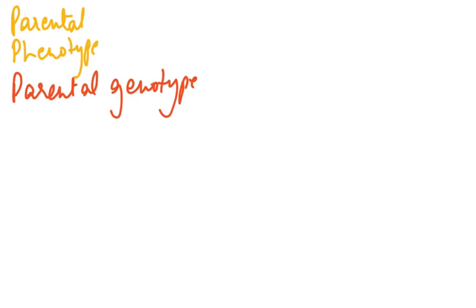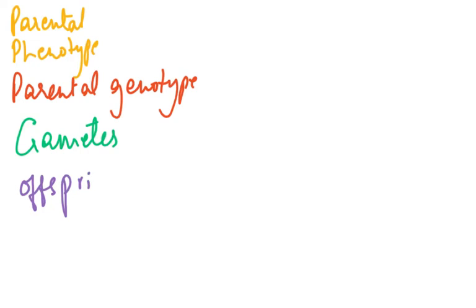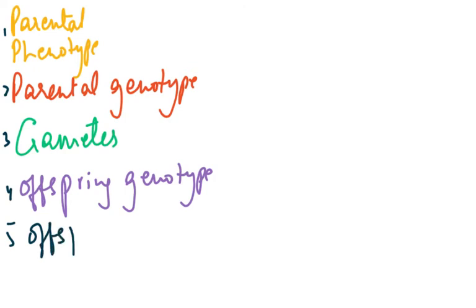Then the third line is gametes. And the fourth line is offspring genotype. And the fifth line is offspring phenotype.